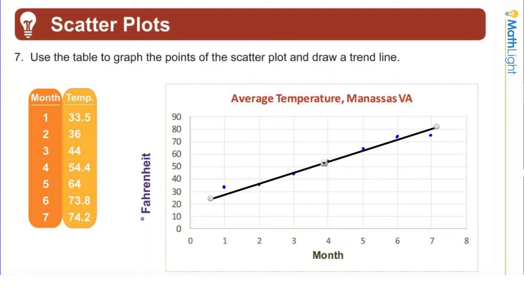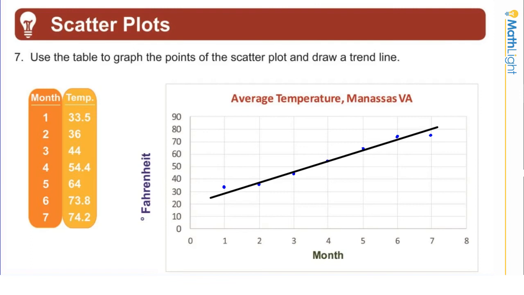I have 1, 2, 3 above, and I only have 1 below. Let's move it a little bit this way. Now I have 1, 2, 3 below, 1, 2, 3 above. That looks pretty good. Now, do you notice here with the trend line, because we drew it, there's some room for variation, but roughly it's going to be in there.